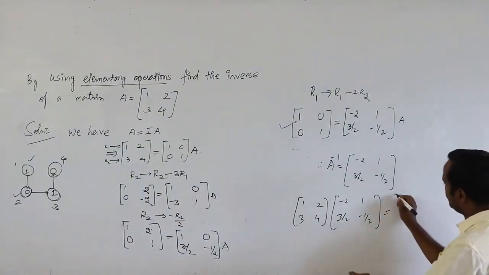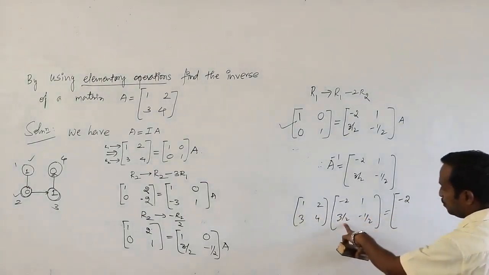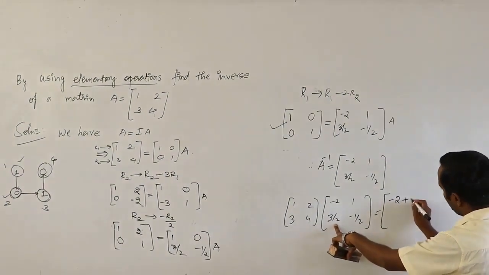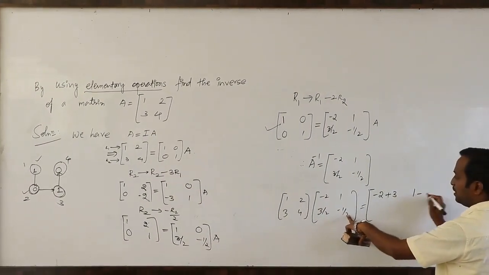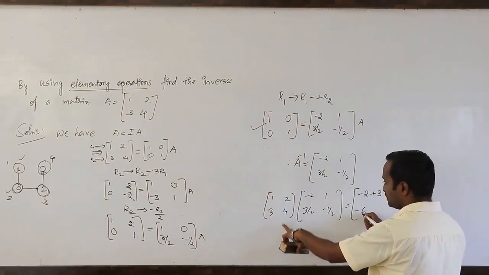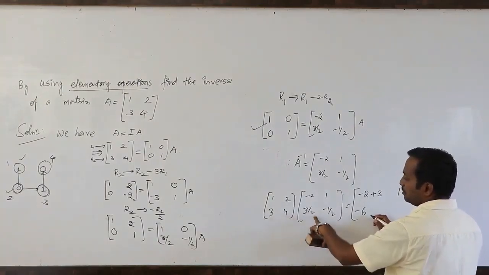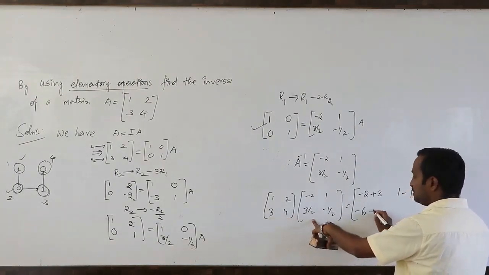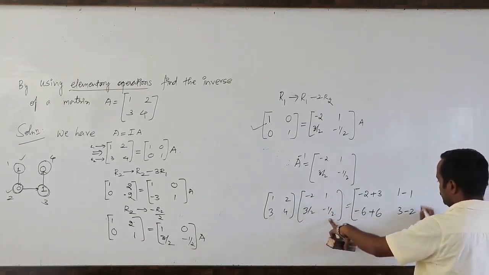Okay, let us look at it. 1 into minus 2, 2 into 3 by 2 plus 3, 1 into 1, 1. This is what? The 2s get cancelled, minus 1. 3 into minus 2, minus 6. 4 into 3 by 2 is 6. 3 into 1, 3, minus.